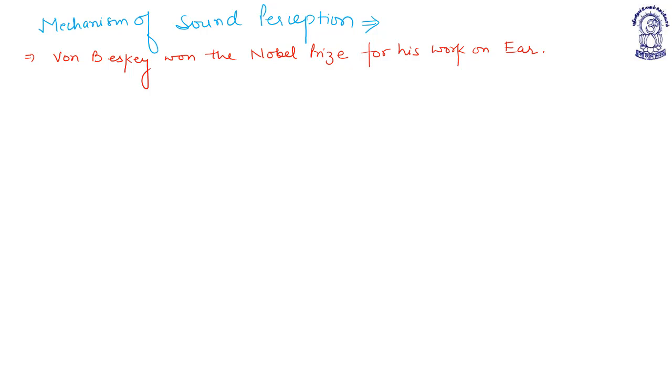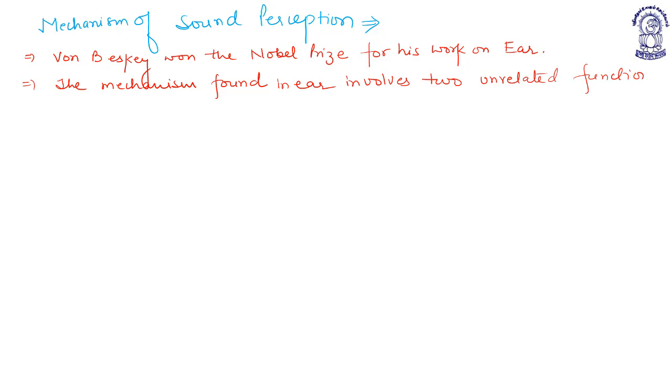The mechanism found in the ear involved two unrelated functions: one is hearing and the second one is balance.